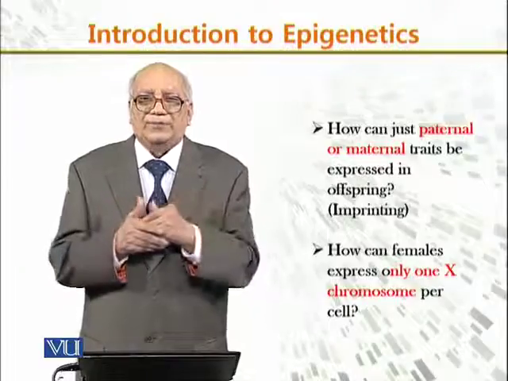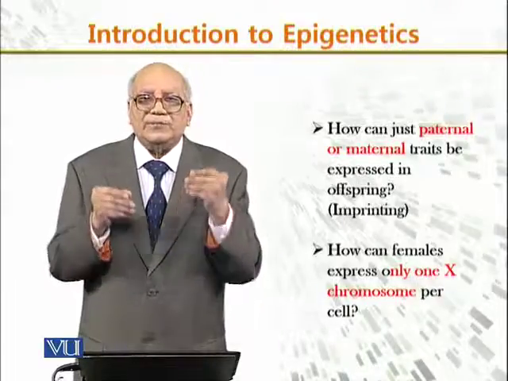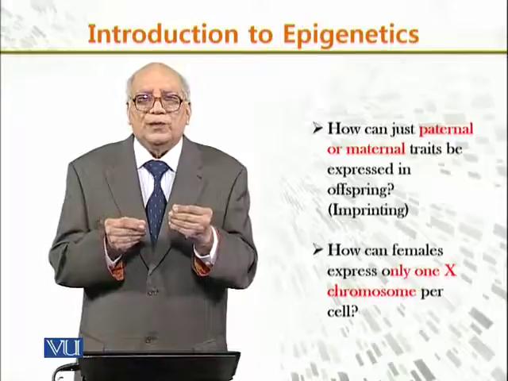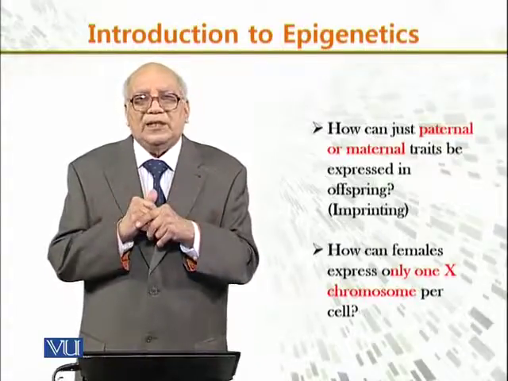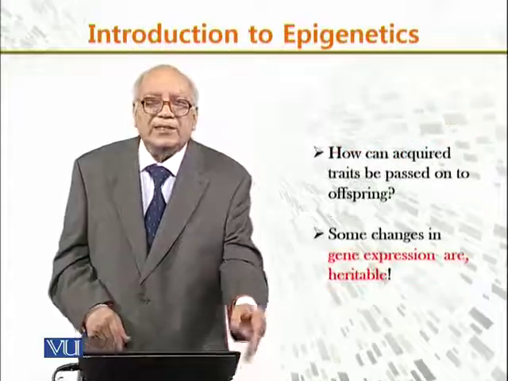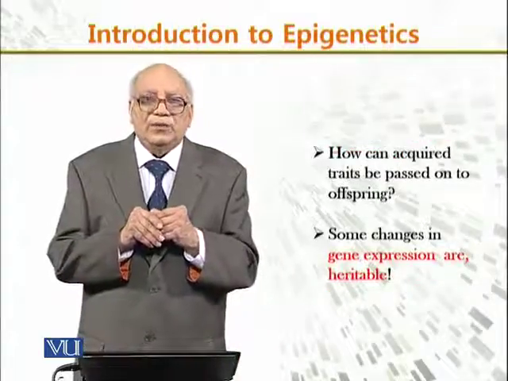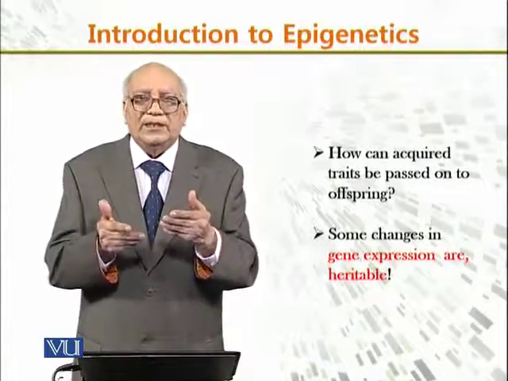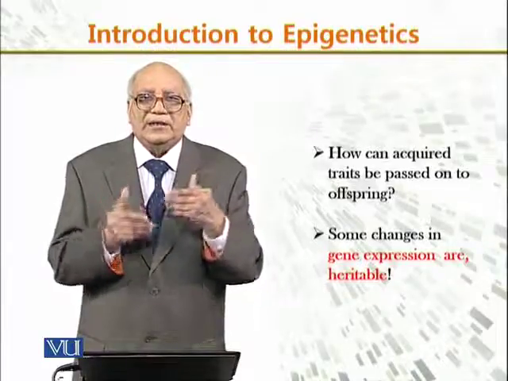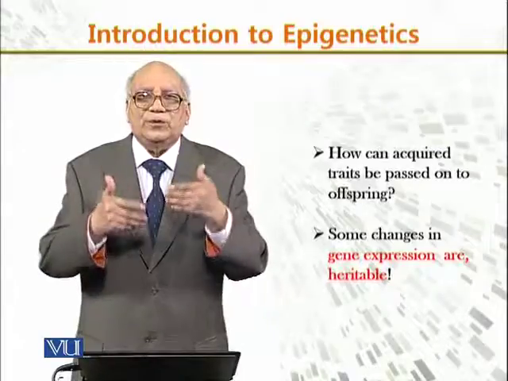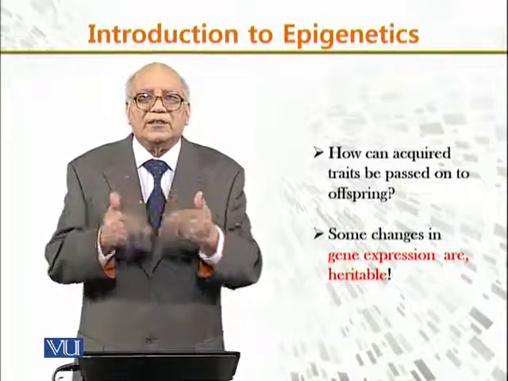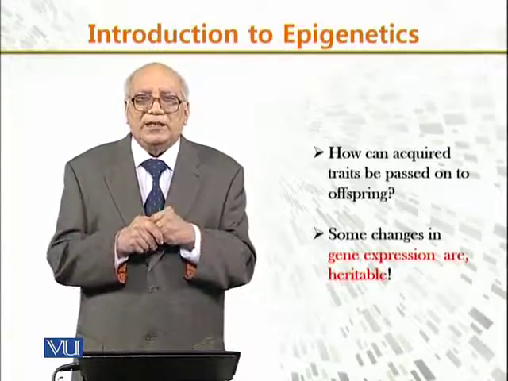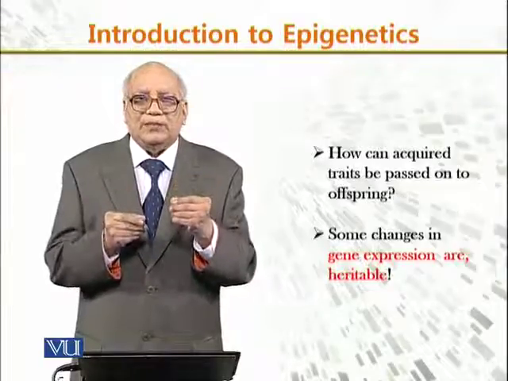Similarly, how can a female express only one X chromosome per cell? These are some very interesting questions. Similarly, how can acquired traits be passed on to the offspring? How do the acquired traits in a progeny, in a generation, get transferred from generation to generation, through the non-sequence composition of the cell?